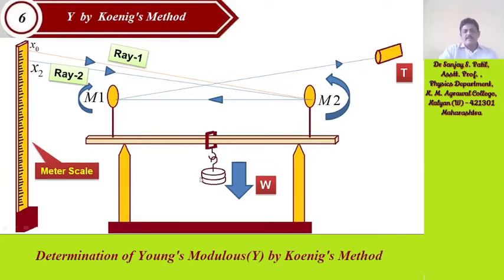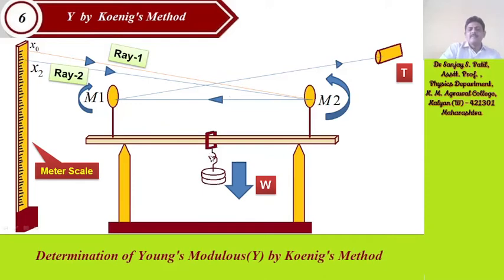Now we apply the second weight. Again, the shifting is from x0 to x2, ray 1 to ray 2, as shown in this diagram. Again, mirror M2 is bending in this manner, mirror M1 is bending in this manner, and the beam is bending at the center.